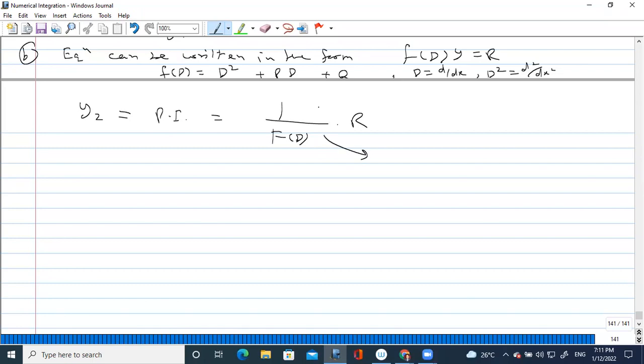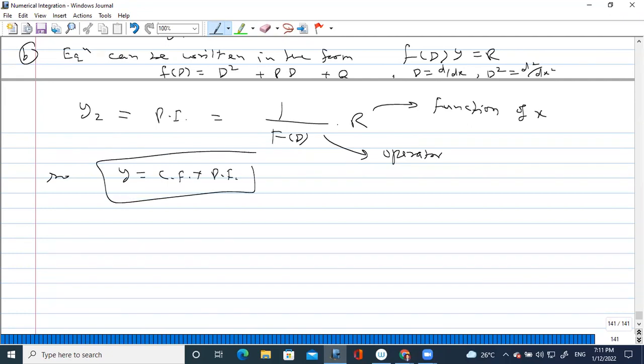So this will work as an operator, and this r is a function of x, so the operator is applied on a function of x. After you find the particular integral and complementary function, the answer will be complementary function plus particular integral. So only this much is the method.